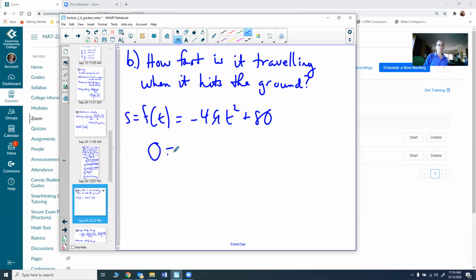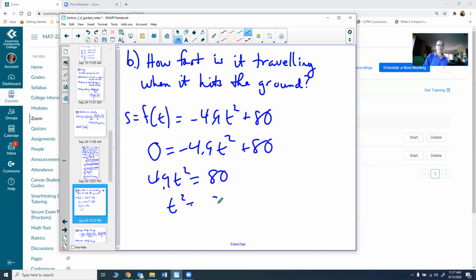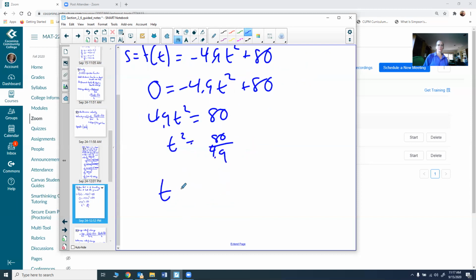So we're looking at when 0 is equal to negative 4.9 t squared plus 80. So 4.9 t squared is equal to 80, so t squared is equal to 80 divided by 4.9. So t is equal to the square root of 80 over 4.9.